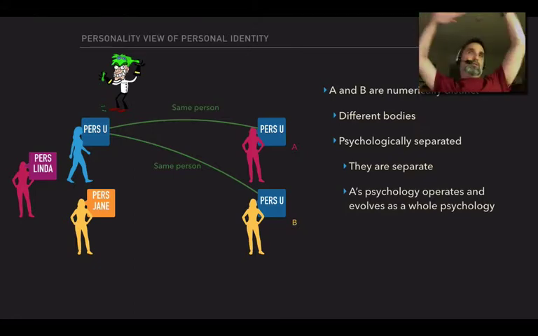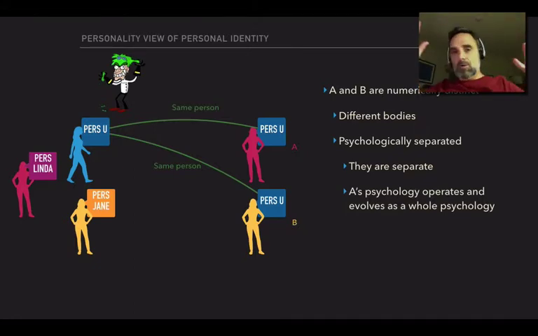A has a bunch of sensory experiences, takes in the world, decides to act, and as a result starts to form memories, and depending upon what happens, may change their personality. And that happens entirely separately from whatever is happening with B. Maybe A and B will interact, but A has a whole coherent set of experiences, a set of reactions to those, and then that just keeps repeating itself over and over.